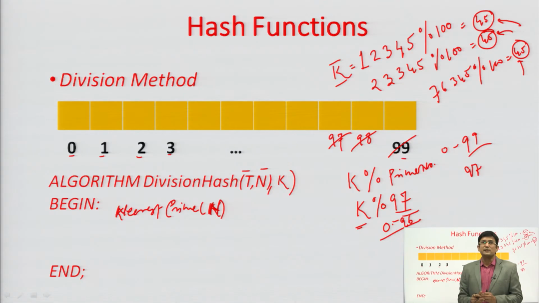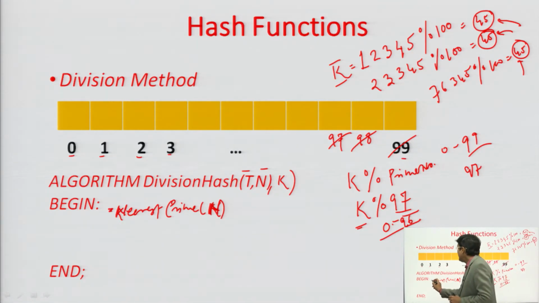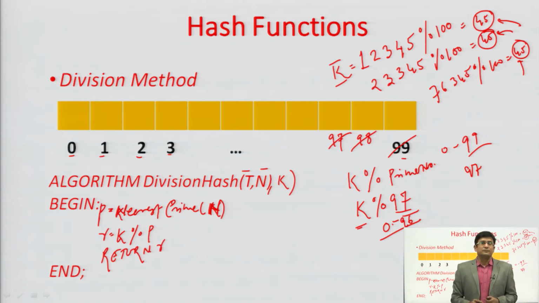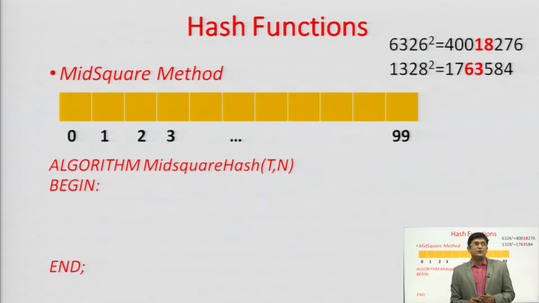N is the table size. Let us say the nearest prime is p. You take the modulus of k with this p, let us say this is the remainder r, and this remainder is the location. So, you can return this r, that will be the address of this key in the hash table.